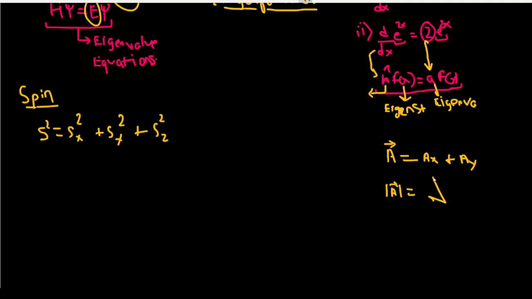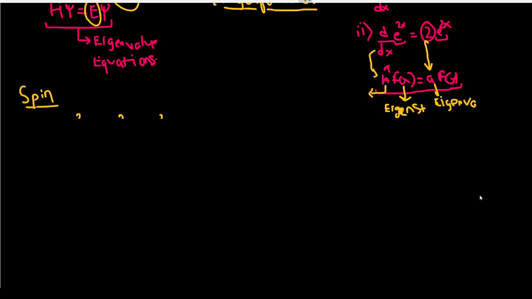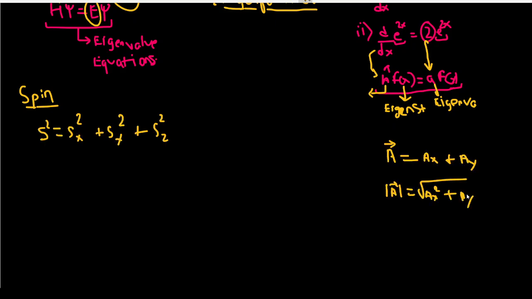You will just get root under ax square plus ay square. And this is just the same as this, because if you took the root down here, it is similar, and that is why I have defined s square as sx square plus sy square plus sz square.